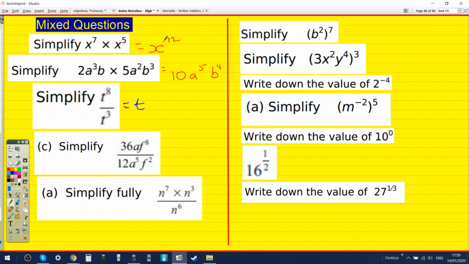For multiplying, you added them. So for dividing, you just take them away. Yeah. 5. That's it. Next one.